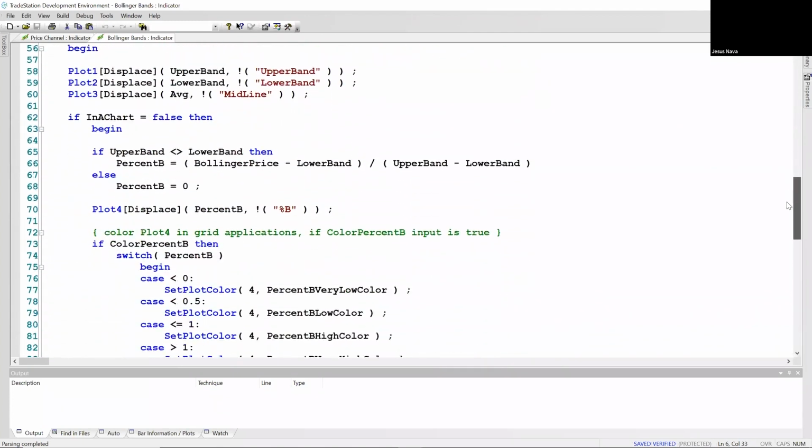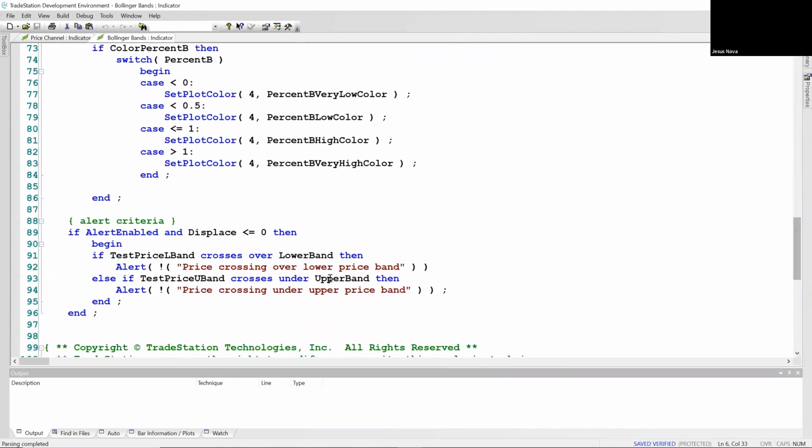So in the alert criteria, whenever I see the test price L band, I'm just saying the close. If the close crosses over the lower band. Now take a look at this, because for it to cross over the lower band, it needs to be below the lower band first.